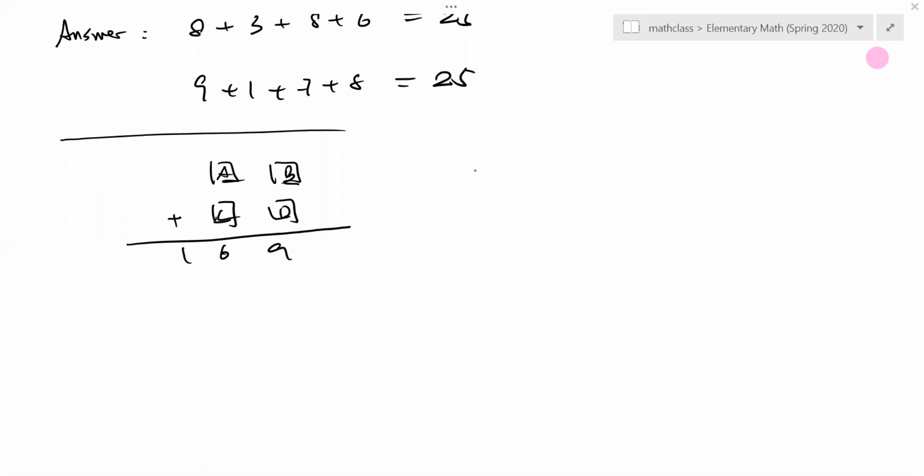B plus D is 9, but it cannot be 19. Why can it not be 19? Because B is a digit, D is a digit. The maximum value of a digit is 9. 9 plus 9 will be 18. So it cannot be 19. So that's it.